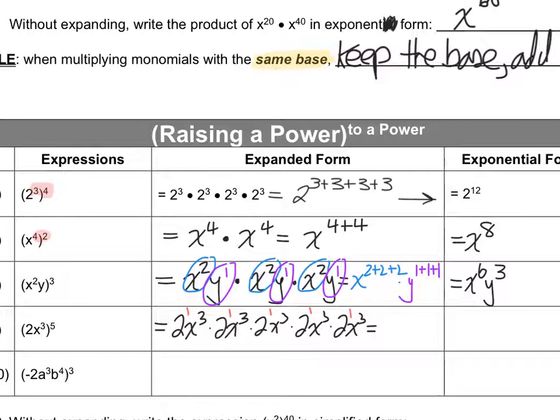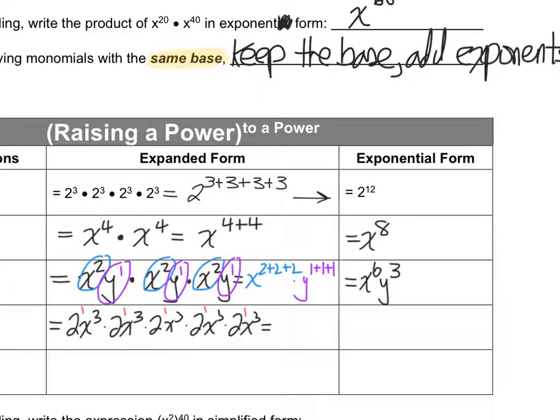So what do you do? This is the technique. We're going to add our exponents, 2 to the 5th power. And again, the question is asking for exponent form. So 2 to the 5th, x to the, if I add up all those exponents, what do I get? X to the 15th.